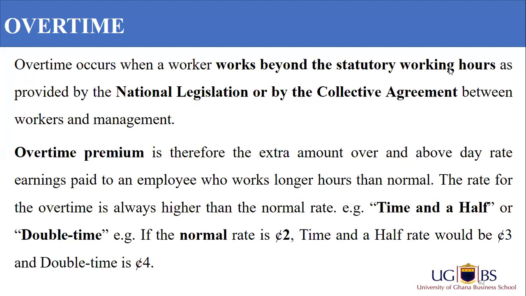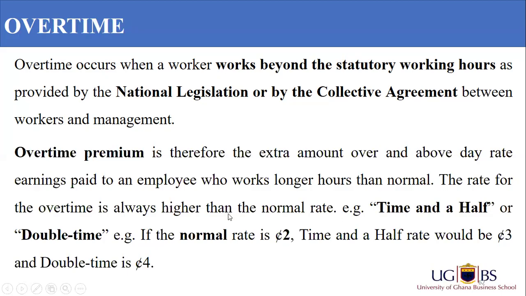So overtime premium is the extra amount over the normal day rate paid to an employee who works longer hours. So if let's say your overtime rate is time and a half, then the half becomes your premium. The normal one is the time, but the half becomes your premium.